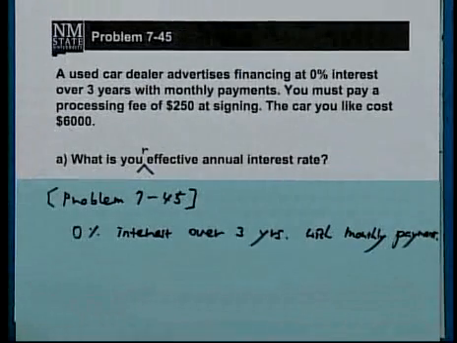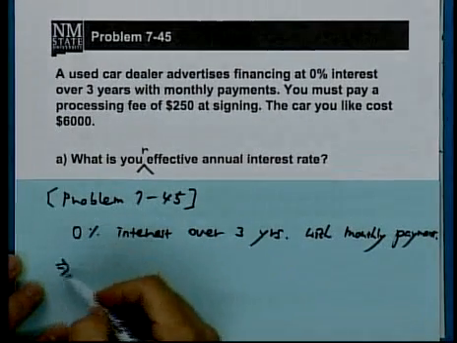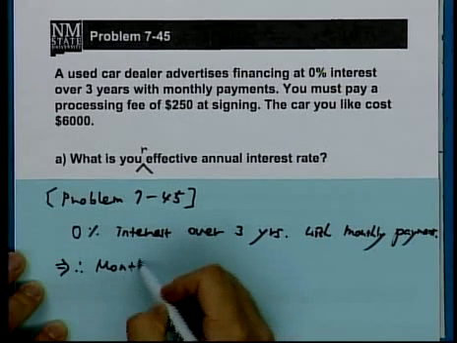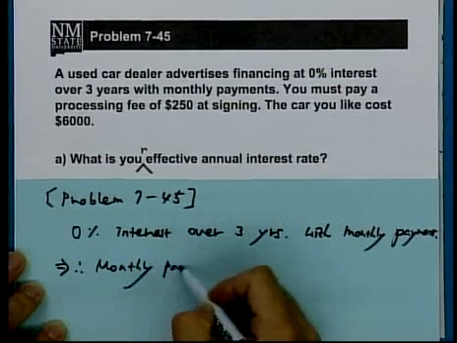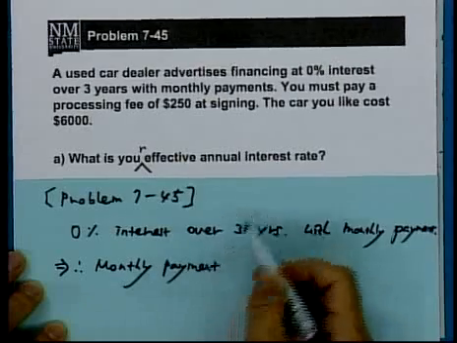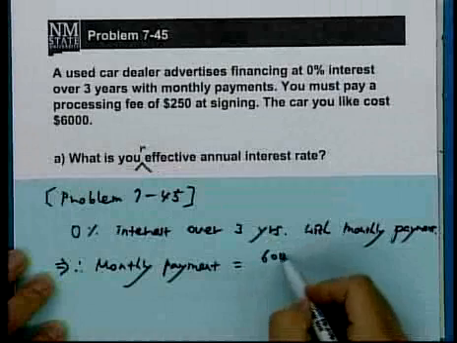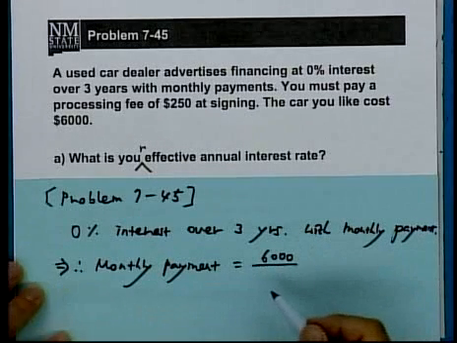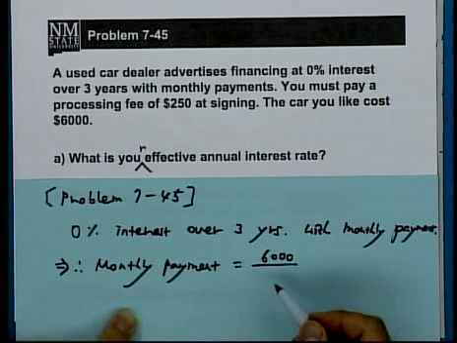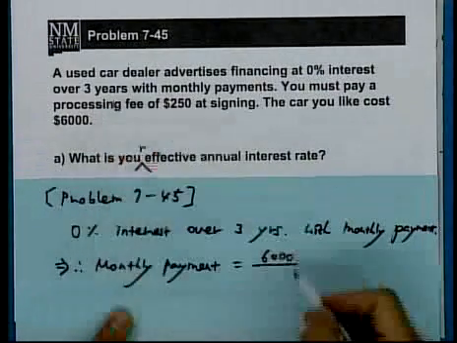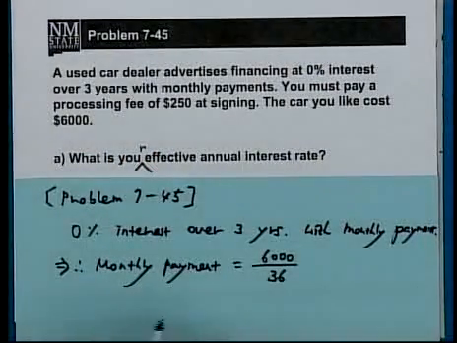So the monthly payment is $6,000 divided by how many months? There are 36 months in 3 years, so you need to divide by 36.